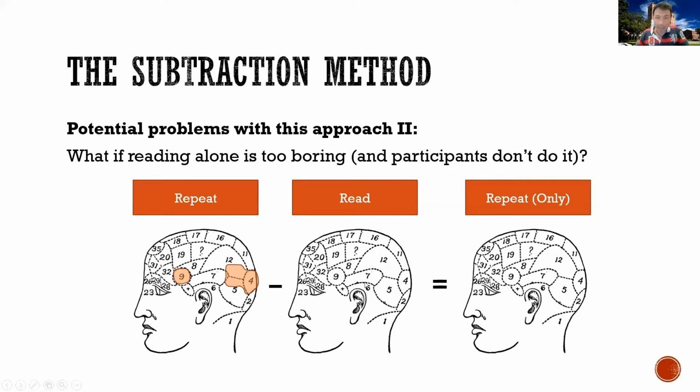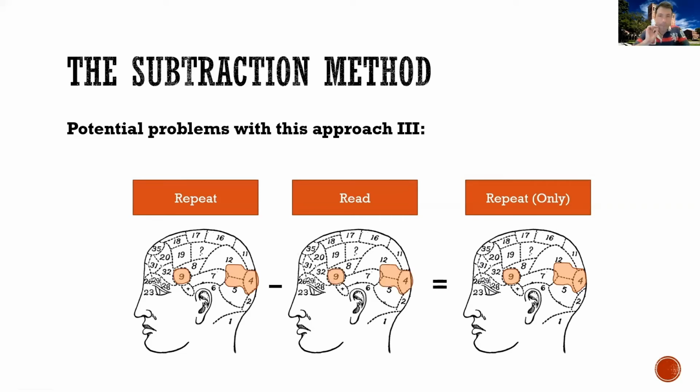And so if we subtract this from this, now we're left with both these parts of the brain, and we risk overestimating how many and which parts of the brain are important for articulatory processes. And rather, we would conclude that these are both important for articulatory processes, when in fact we know that's not true. Okay? It's just a byproduct of having a poor baseline, a poor comparison task.